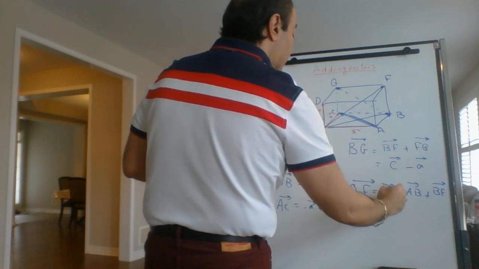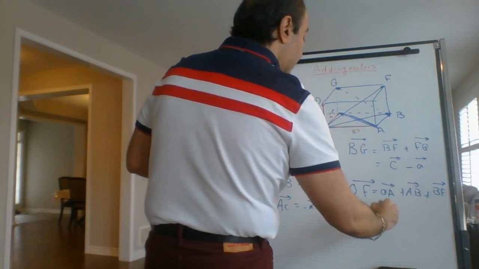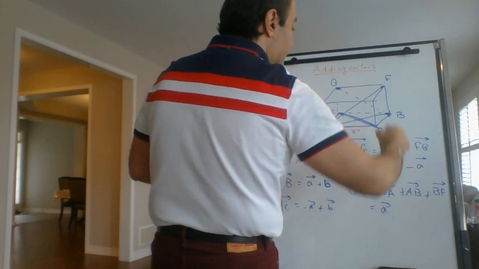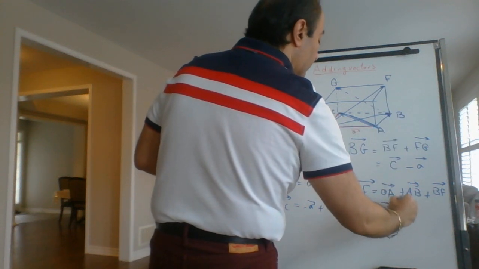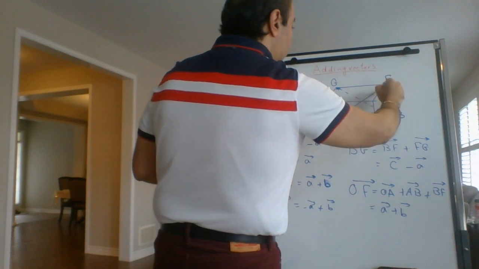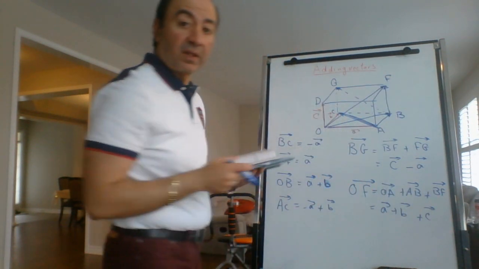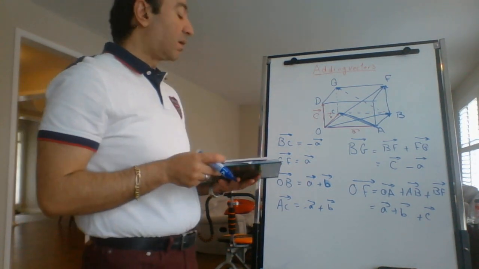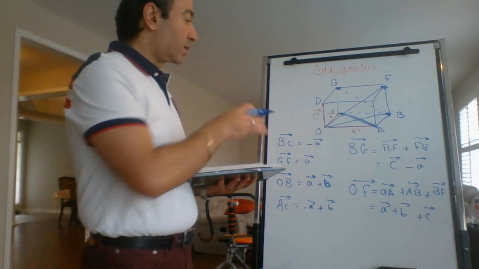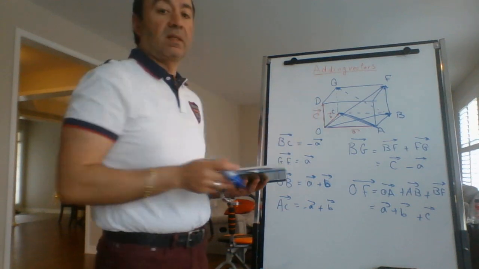OA is the same as vector A, AB is the same as vector B, BF is the same as vector C. So I wrote every single vector as a sum or difference of vectors A, B, and C.